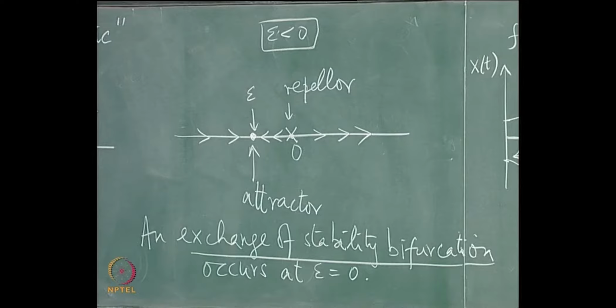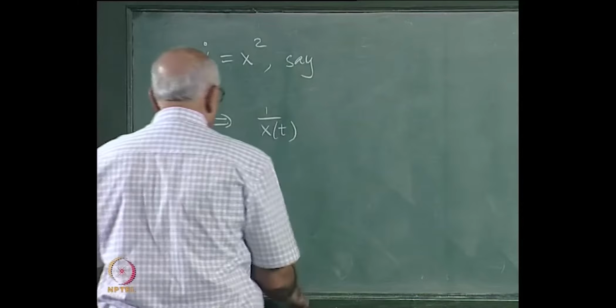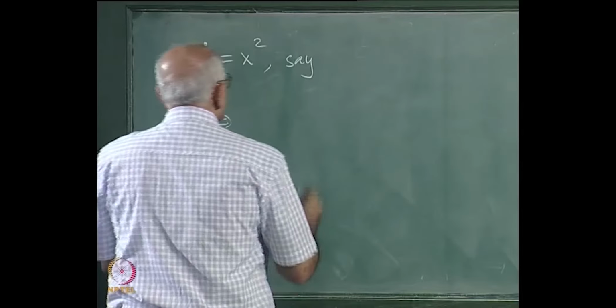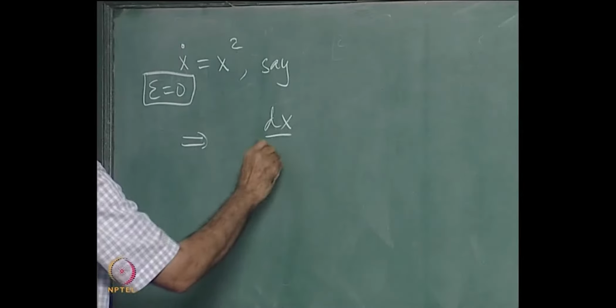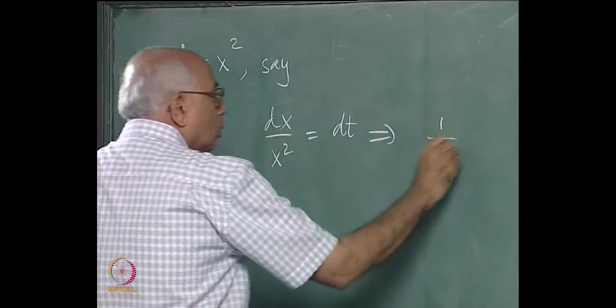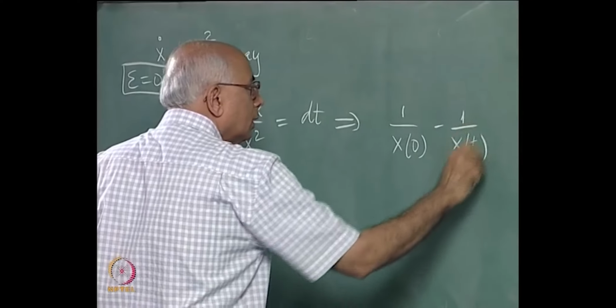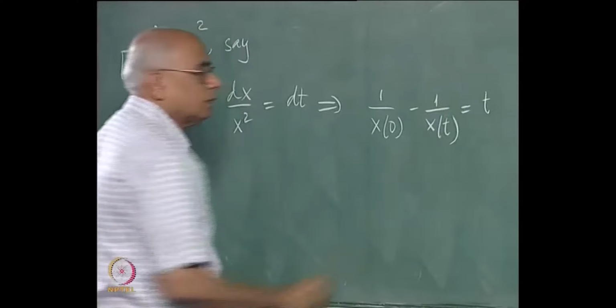So at this special value 0 of the parameter epsilon, if I solve this equation, if I separate variables, this implies that dx over x squared is equal to dt, which implies 1 over x of 0 minus 1 over x of t is equal to t itself.